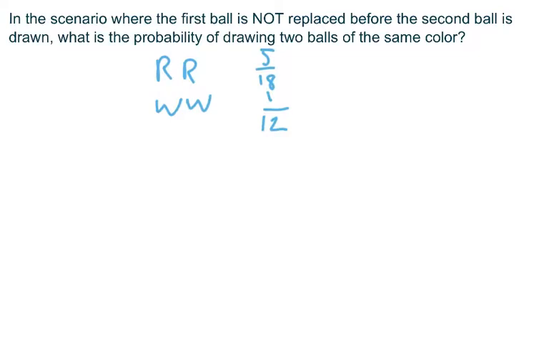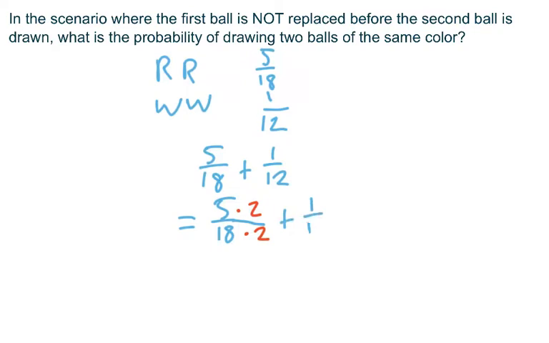So what would the probability of drawing either of those be? Well, what you do there is you simply add these two fractions together, 5 over 18 plus 1 over 12. Guess what? That gives us a scenario where we have to find a common denominator. We never get away from that, it seems. The least common multiple of 18 and 12 would be 36. What I would need to do is take the 5 over 18, and to get a denominator of 36, I'd need to multiply numerator and denominator by 2.